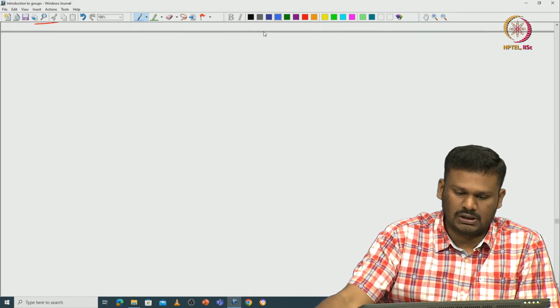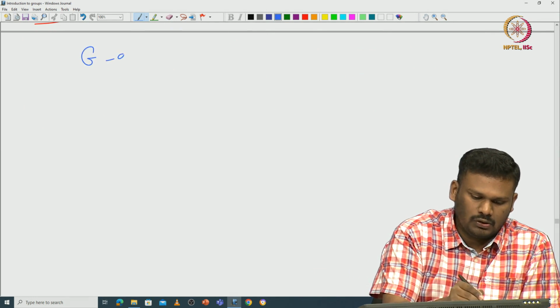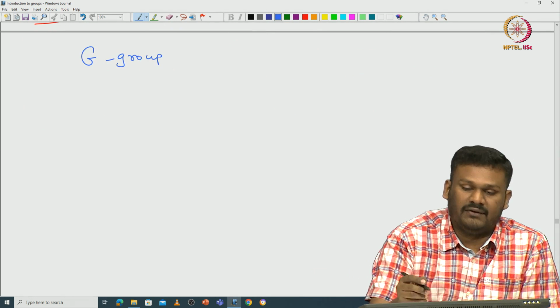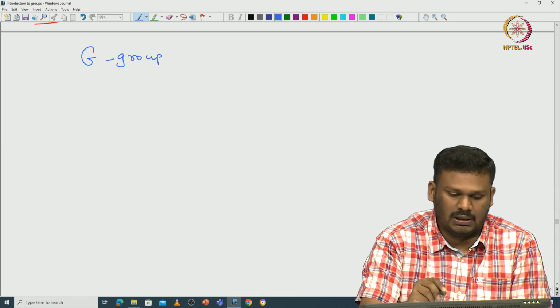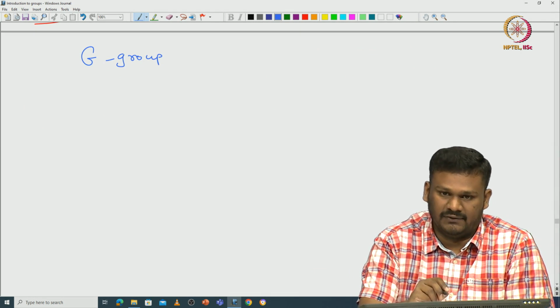Let us fix a group G. Note that we haven't assumed anything about the cardinality of the group. The group can be infinite as well.